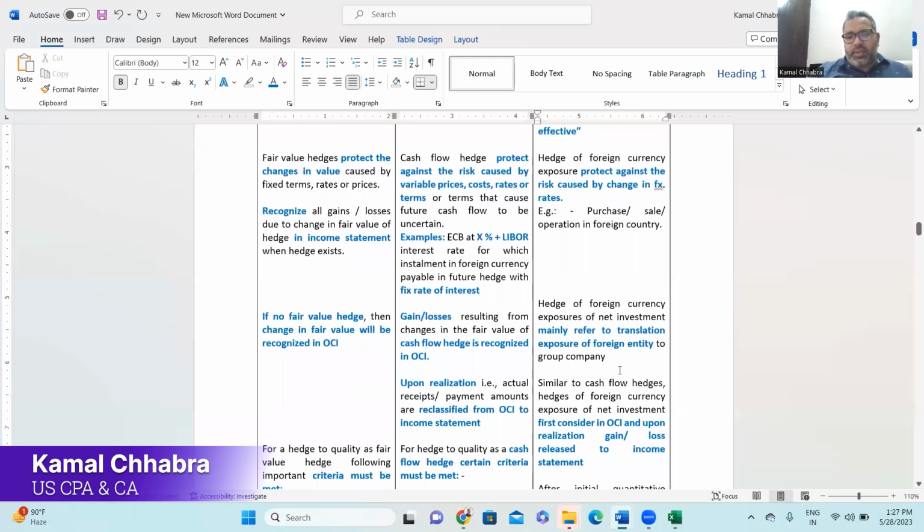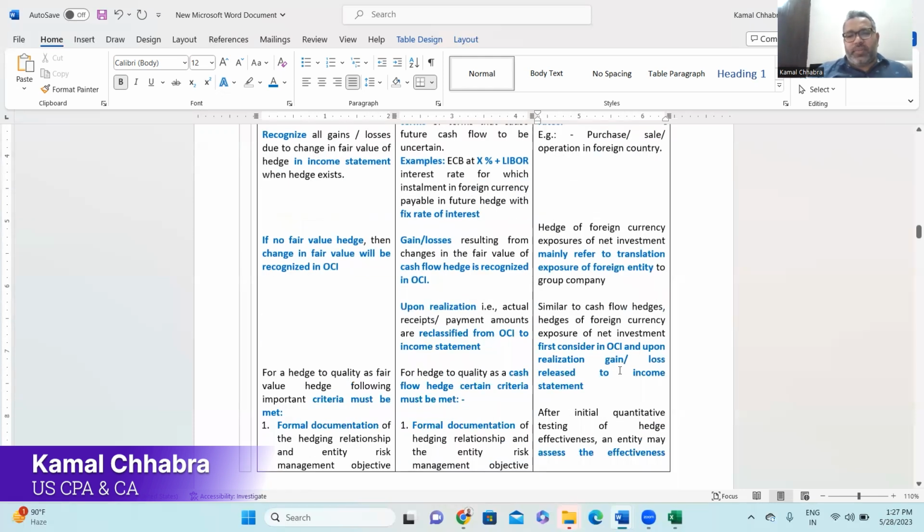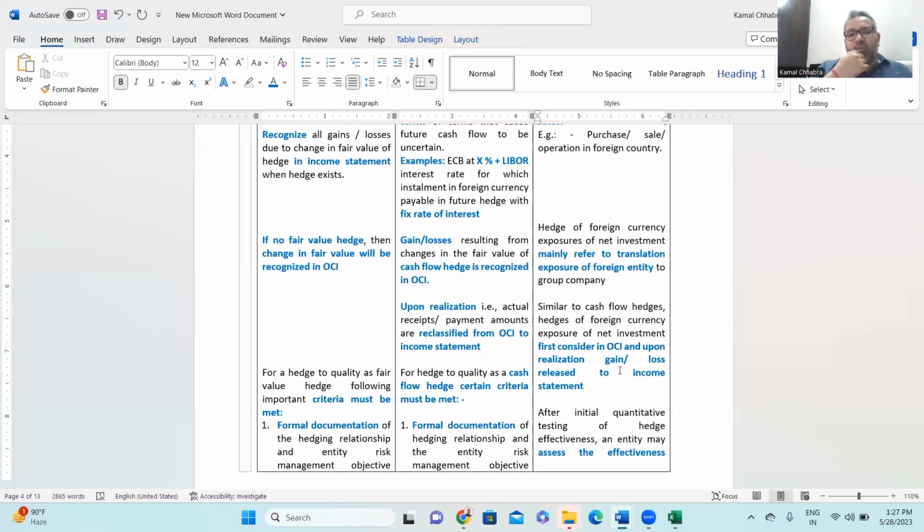Hedge of foreign currency exposure for net investment mainly refers to translation exposure of a foreign entity to the group company. For example, you are Amazon USA and you set up a company, Amazon India. When you set it up, you might have made certain investment in fixed assets, property, plant, equipment, and manpower, and then the operation starts.